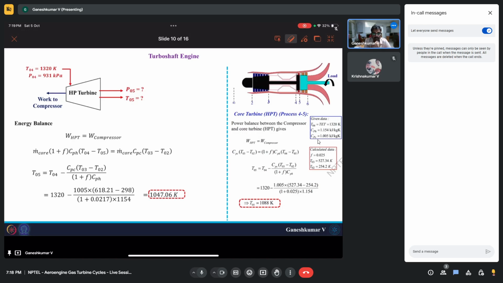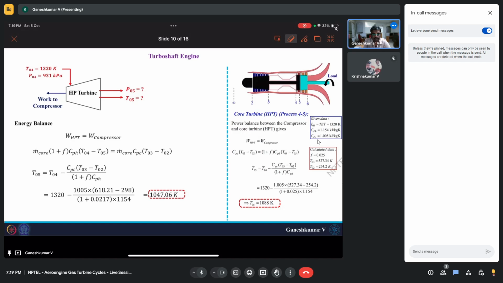which is higher for ground condition compared to flying condition. However, the work done by the compressor in the flying condition was lower, and hence the amount of work the HP turbine has to give to the compressor was lower compared to ground condition, and that's why you have the temperature to be higher, which is around 1088 Kelvin.